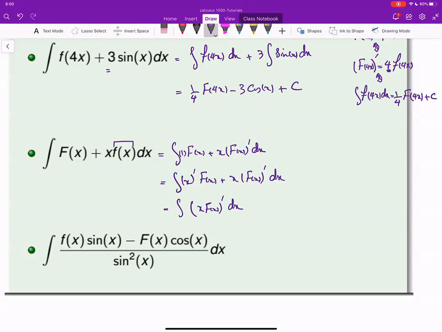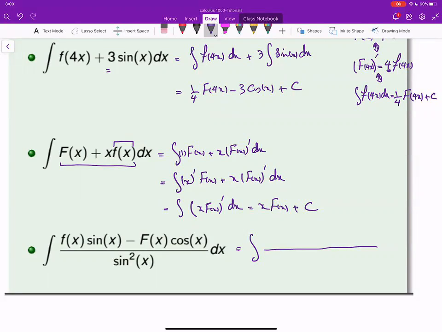The antiderivative, the integral of F prime, is always F. So this means that I have x times this, plus c. In other words, I found a function whose derivative is this here, and obviously that is x times capital F of x plus c.